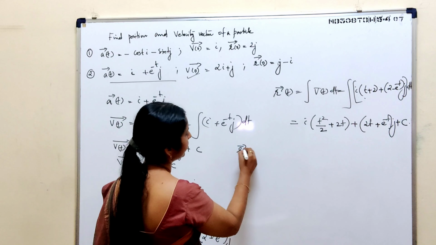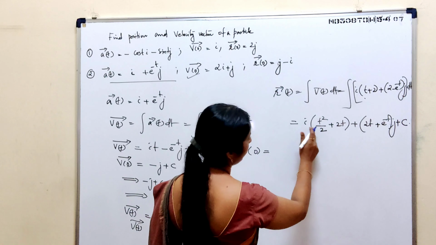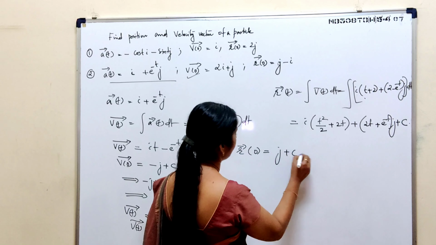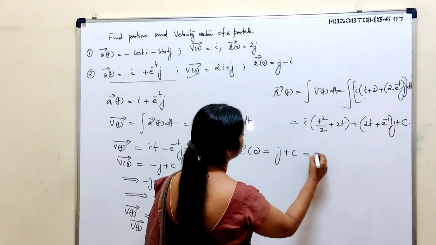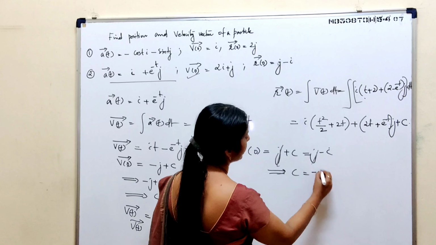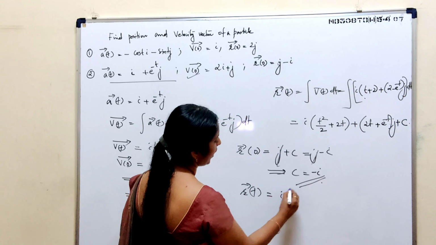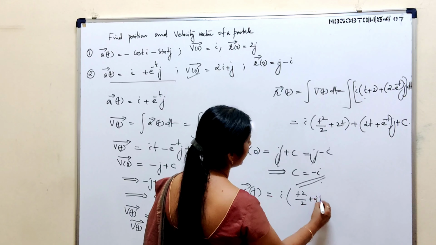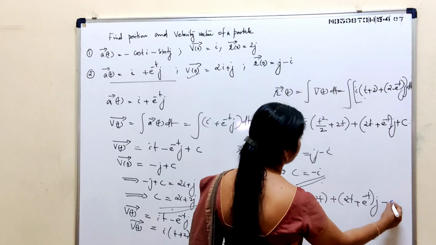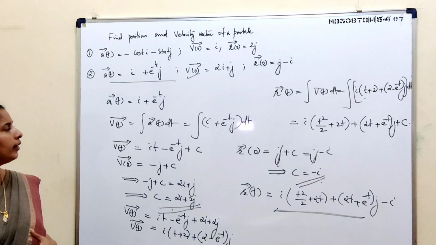Given r(0) as j minus i, you find r(0). You put t equal to 0. When t equals 0, this term is 0, and this term is e raised to 0, which is 1. So j plus c. Given r(0) as j minus i, from this, c is minus i. So what is r(t)? r(t) is equal to i into t square by 2 plus 2t, plus 2t plus e raised to minus t j, minus i. This is the position vector of the moving particle along the given circle.